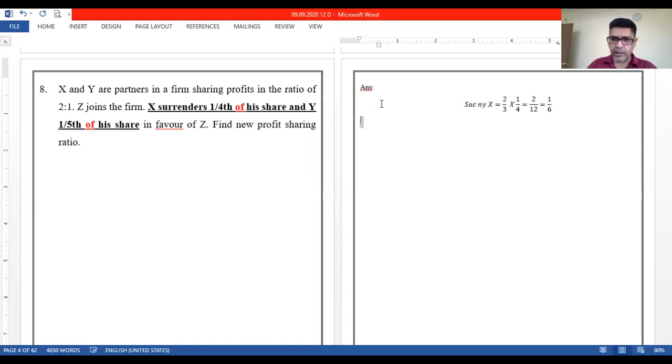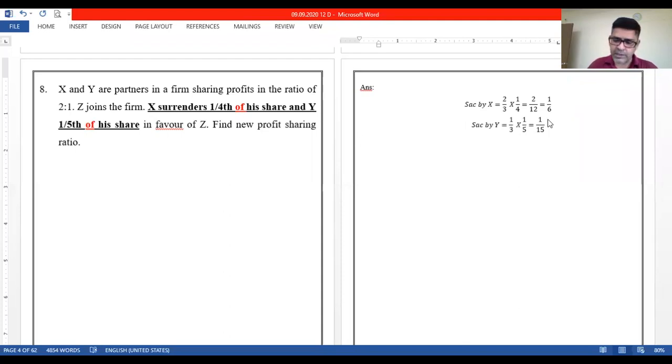Then the sacrifice by Y. Sacrifice by Y will be equal to, now what is the old share of Y? That is 1 by 3. And he surrenders 1/5 of his share. 1/5 of his, so as I already told you, we need to multiply, and this is 1 by 15. Okay, so we have the sacrifice share with us.